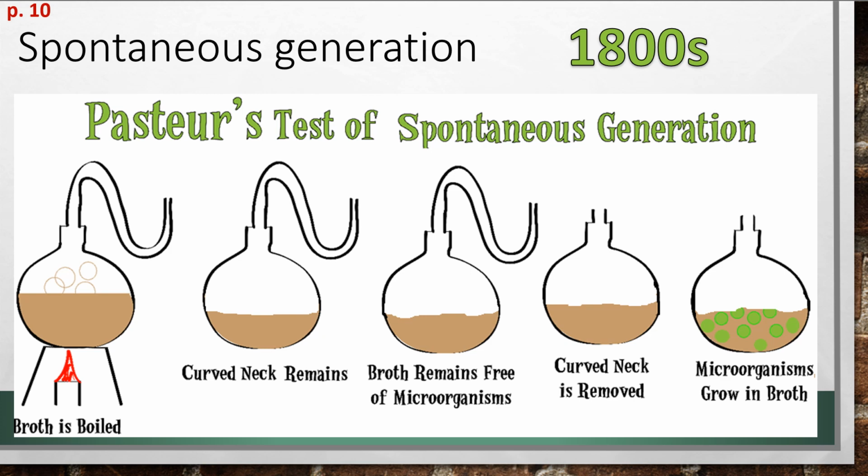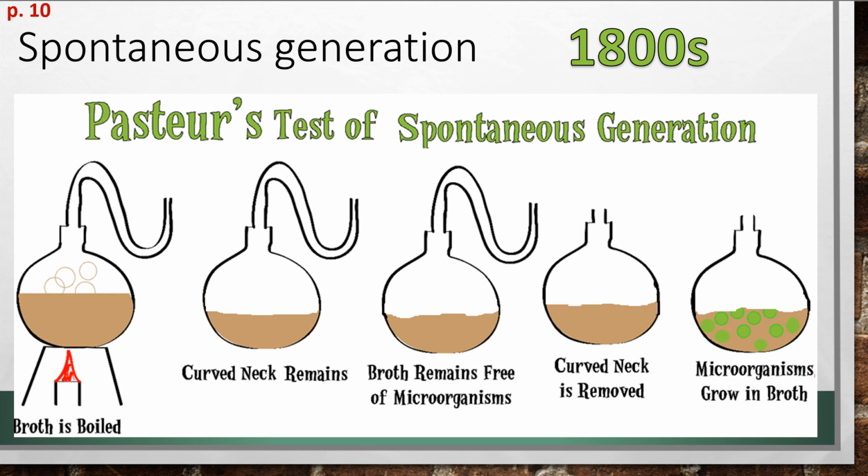And what he found out is that these particles are outside in the air and they land inside of things like the liquids, and then they begin to grow because they have a place that can expand and feed and multiply. And so he proved that from this boiling process, where all impurities are cooked out and it's not given any access to the natural air and surroundings, then we have no living things that happen.